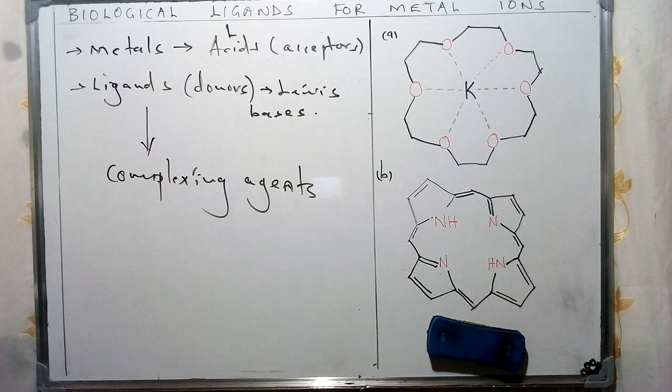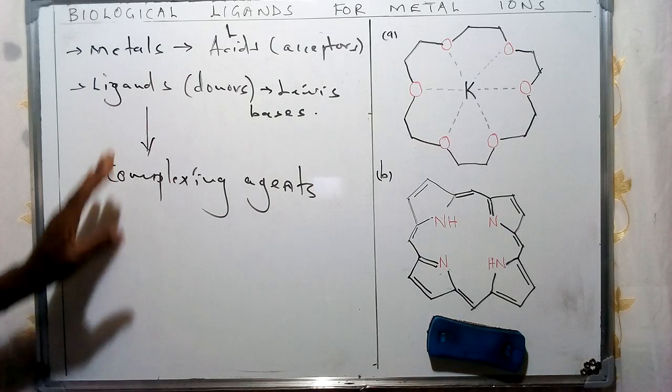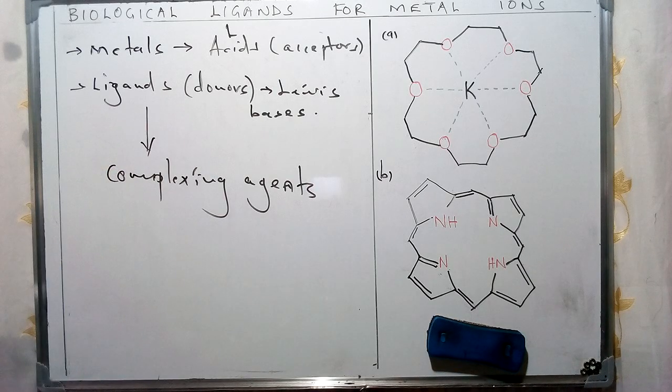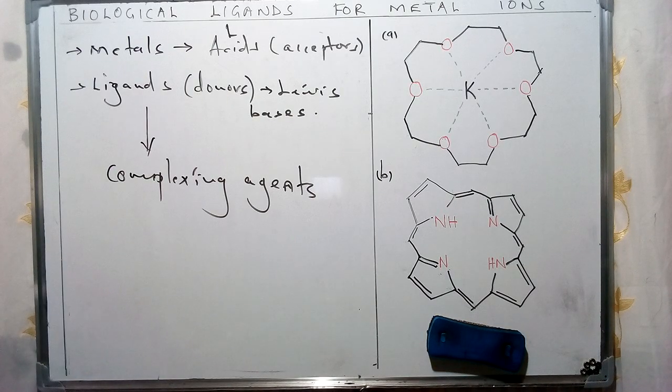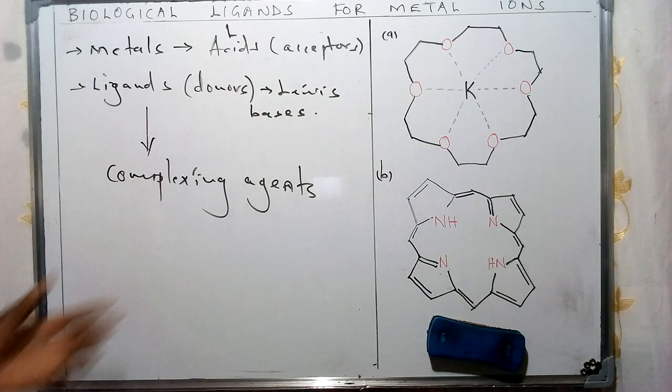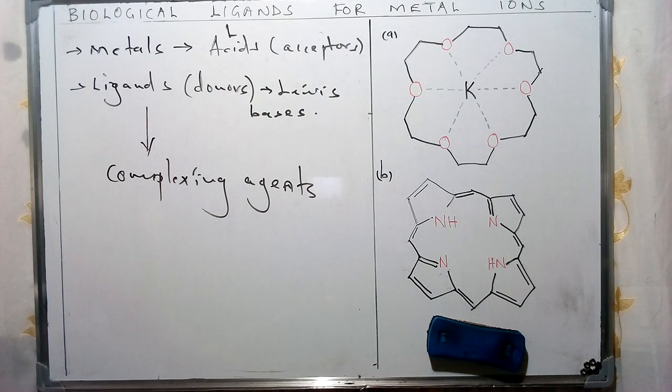Now, in this case, we are going to have a general example whereby these particular metals are going to be forming the complexes in conjunction with these ligands. And the function of the metal in this specific case is going to be forming the free ions and, of course, forming coordination or complex compounds.